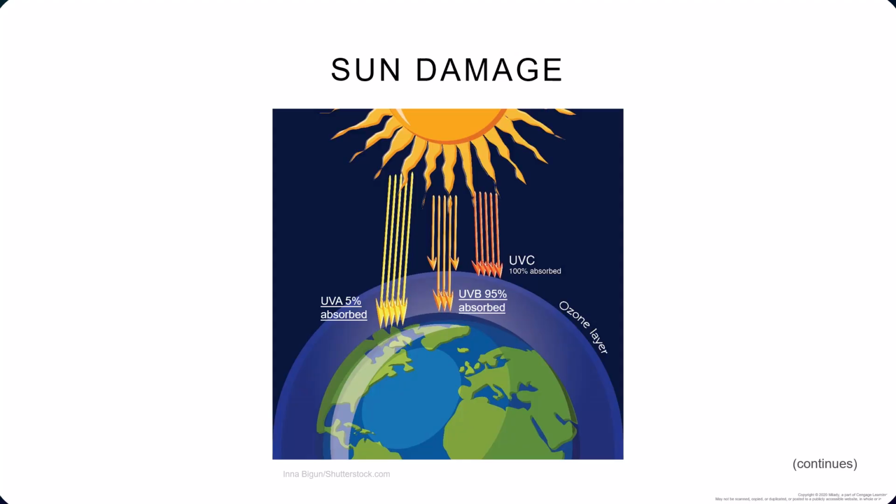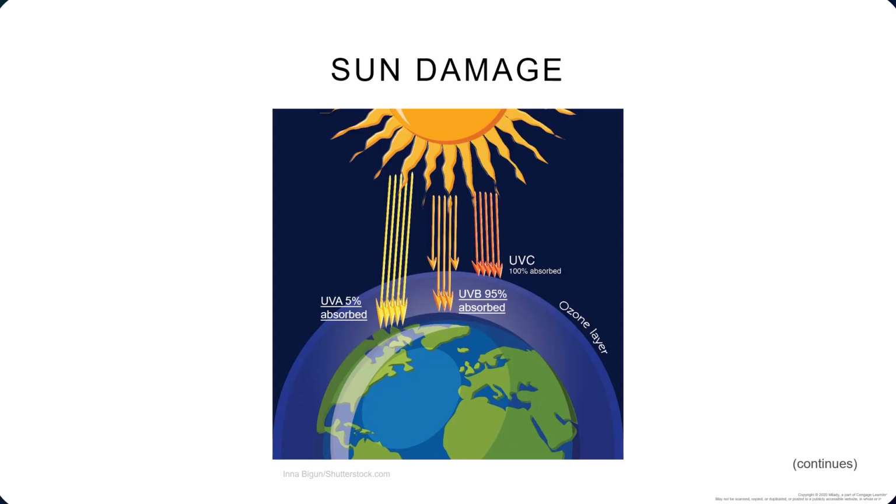UVB radiation is also known as the burning rays because they cause burning, but they also cause tanning, aging, and cancer of the skin, and they can also damage our eyes. UVB rays are shorter and don't penetrate as deeply as UVA rays, but they are stronger and more damaging to the skin and the eyes.